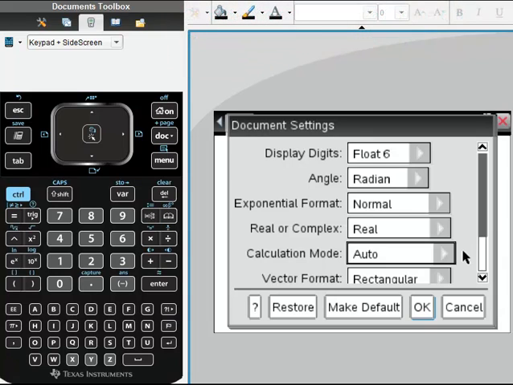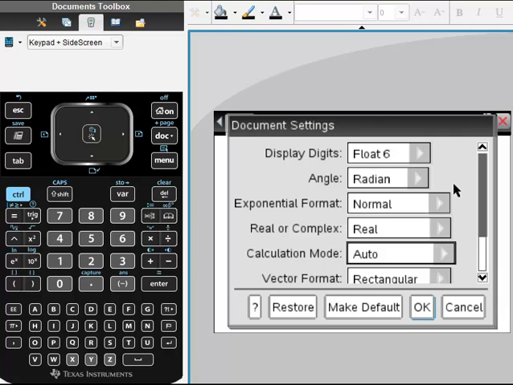Now, this exact result applies when we have the calculator application running. When you're in the graph application, that tends to be a decimal number situation all the time, although you can force certain exact results in some cases, but mostly it's all about decimal numbers in the graph application.